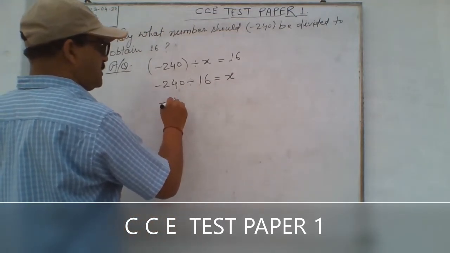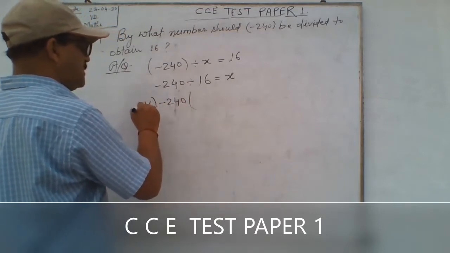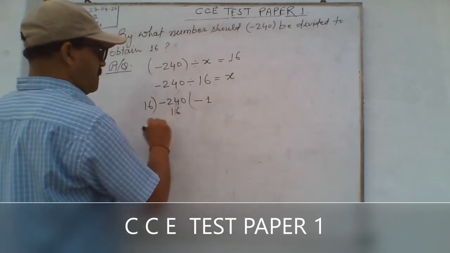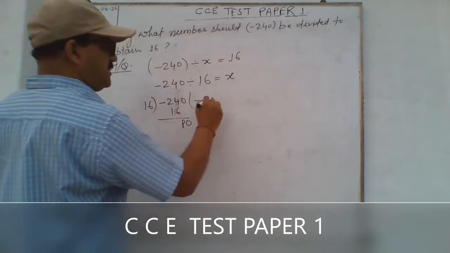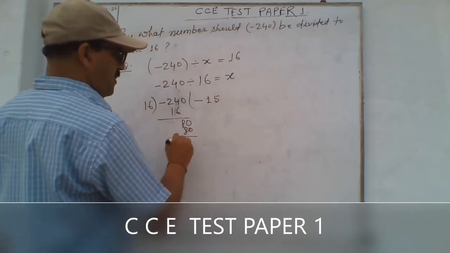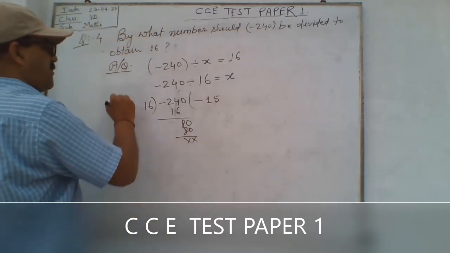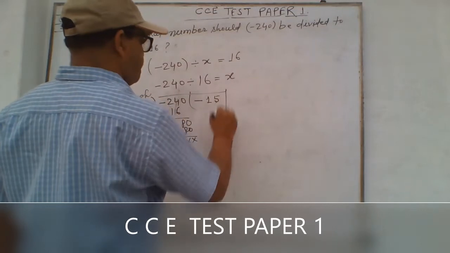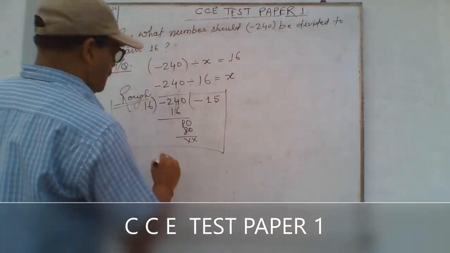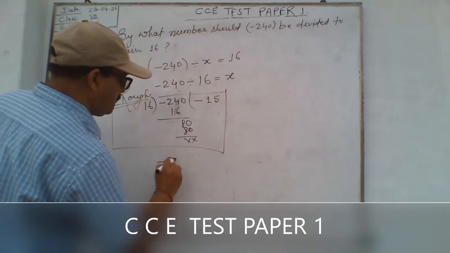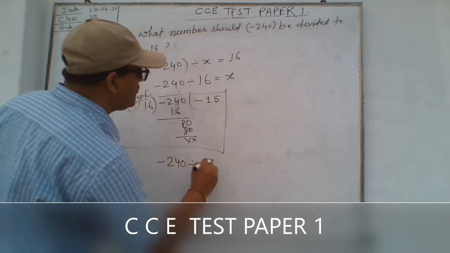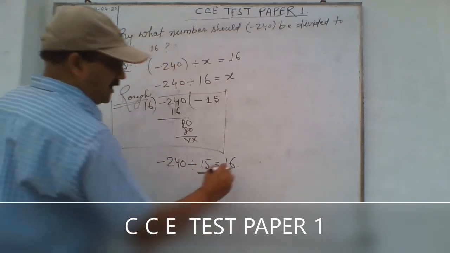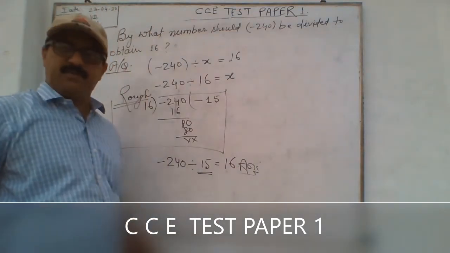Minus 240 divided by 16, the minus sign will be noted first. 16 times 1 is 16 and 16 times 5 is 80. This is the rough work. And here 240 divided by 15 is equal to 16. The required answer is 15. This is our answer. Very simple.